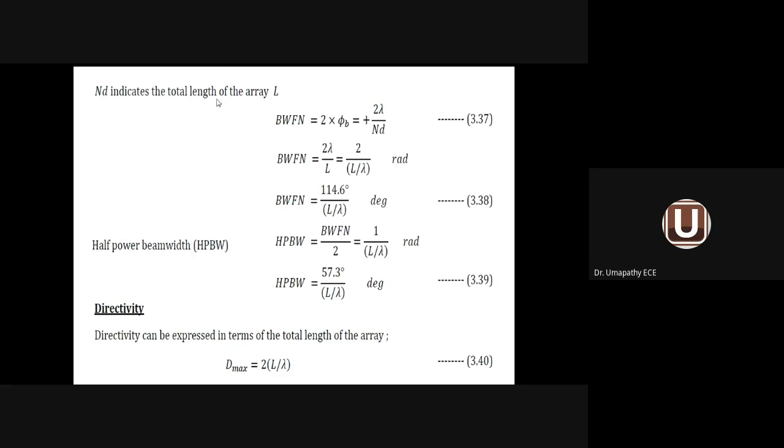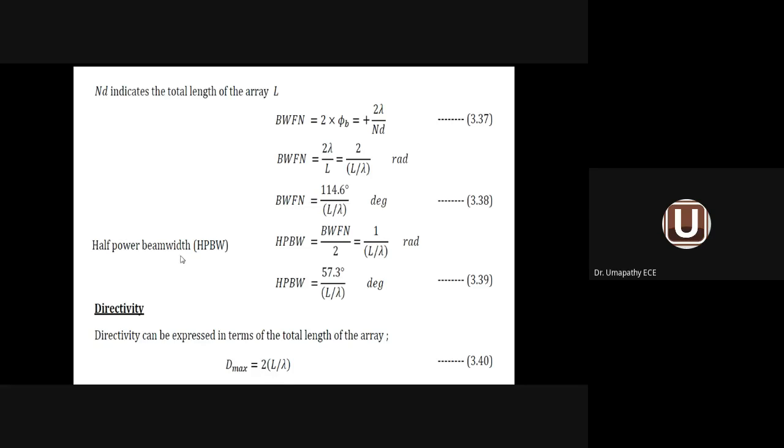This nd is nothing but the length of the array. N equal to the number of elements, d is the distance. So I am substituting L in the place of nd. So it becomes 2 divided by (L by lambda) radian. I am substituting 1 radian equal to 57.3 degrees, converting this radian to degrees. So 2 radians will become 2 into 57.3, 114.6 divided by L by lambda degrees. So the beam width between the first nulls is known.